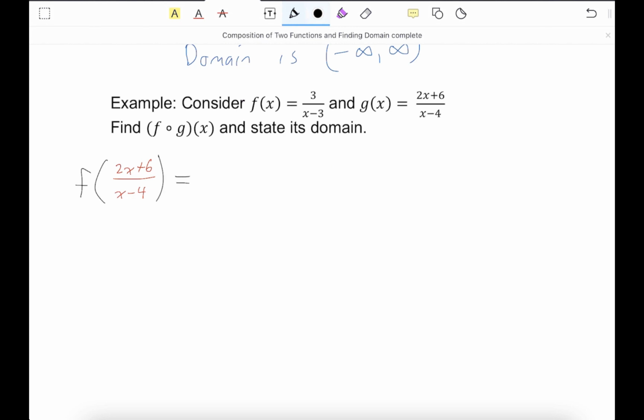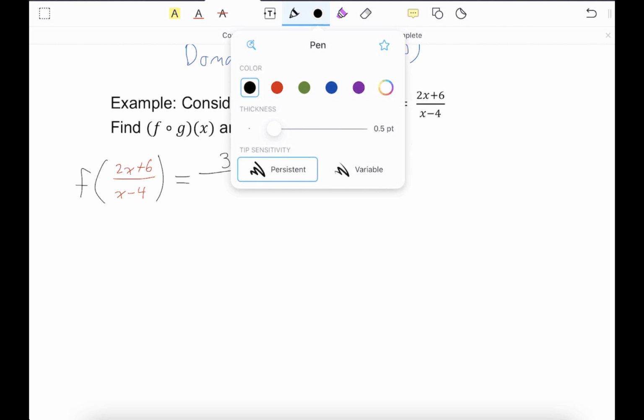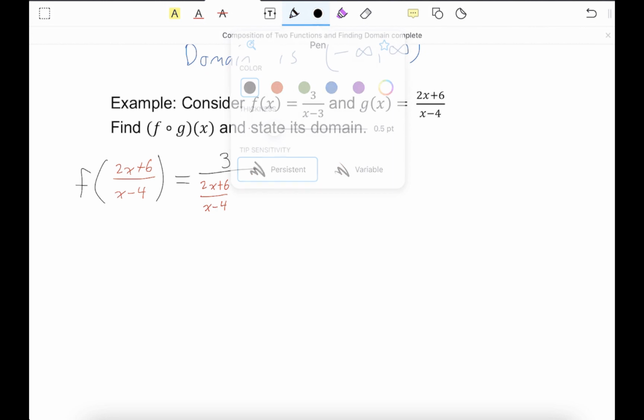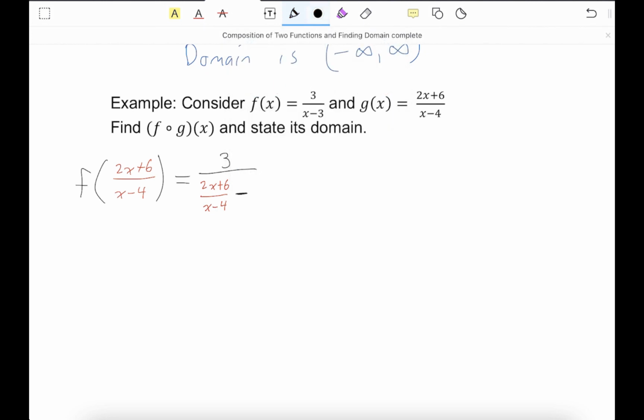Now, wherever we see the x in the f function here, 3 over replacing x with 2x plus 6 over x minus 4. And this is still minus 3.